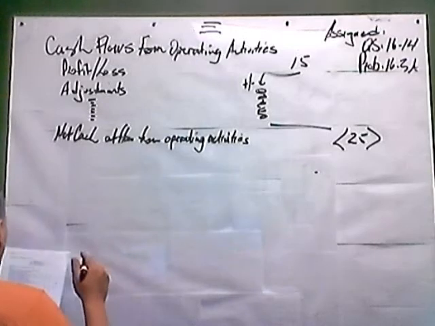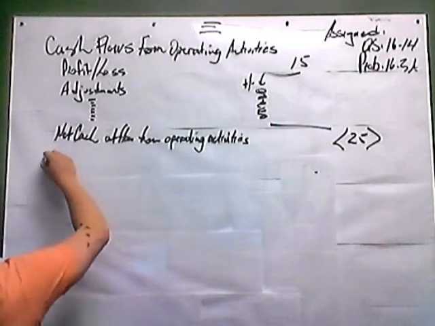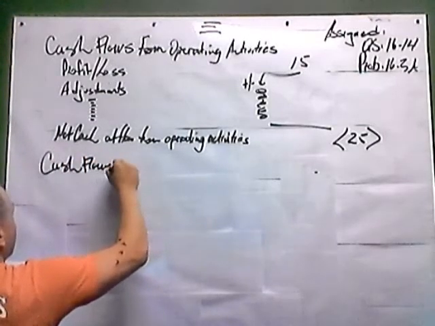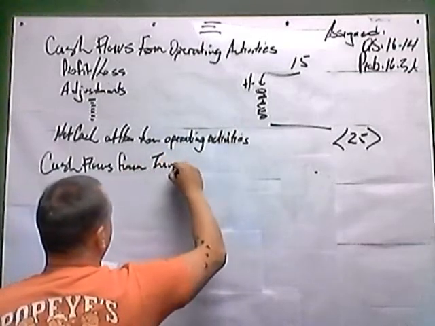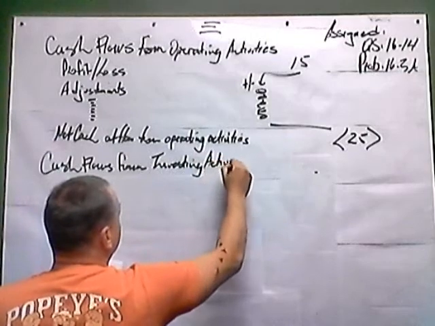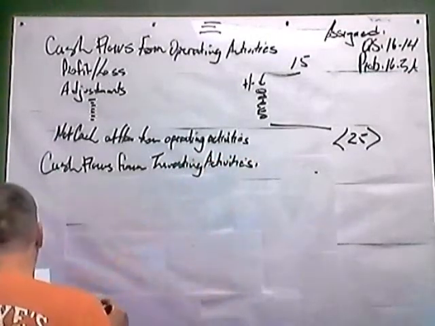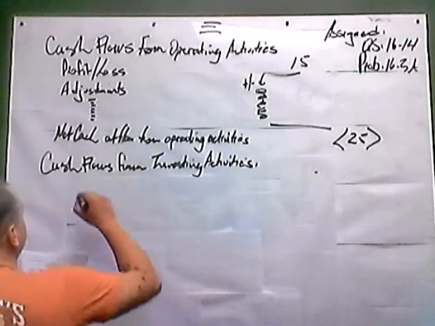Now, from there, we're going to have cash flows from investing activities. In this case, we just had one thing, which was a purchase of new equipment.